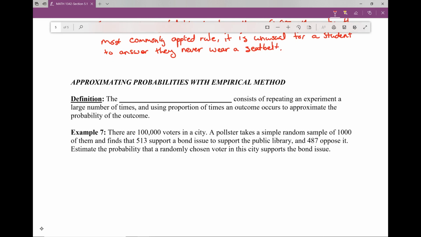When we want to approximate probabilities with what we call the empirical method, which is very similar to what we've been doing, the empirical method consists of repeating an experiment a large number of times, thousands of times or something, and using the proportion of times an outcome occurs to approximate the probability of the outcome.